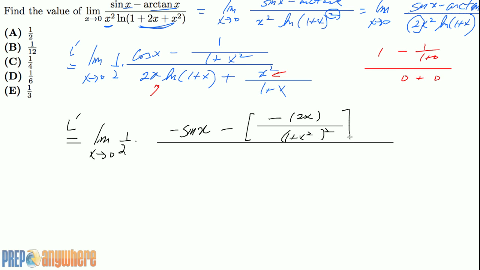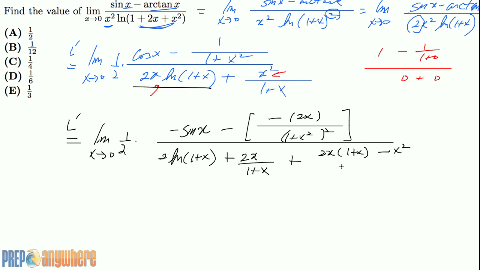Here I'm going to apply the product rule, and we get 2 times ln of 1 plus x, plus 2x over 1 plus x. Quotient rule, we get 2x times 1 plus x minus x squared, all over 1 plus x squared.